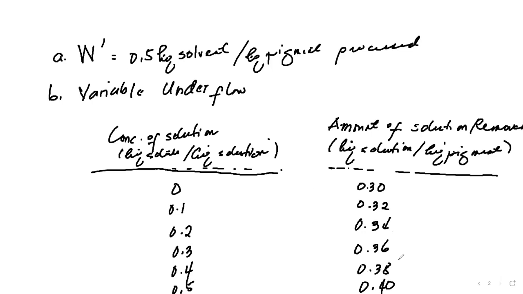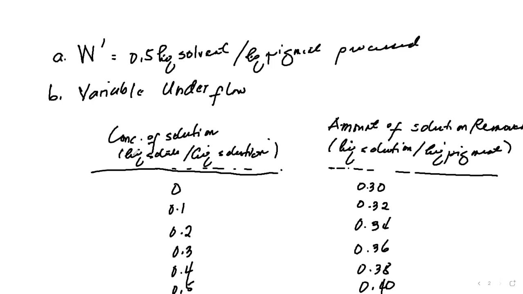If you look very closely at this set of data, the increments are uniform for concentration of solution. The increments for the solution removed is also uniform at 0.02. So we can say that the relationship between these two, the amount of solution removed in relation to the concentration of that same solution, is linear because the increments are uniform.